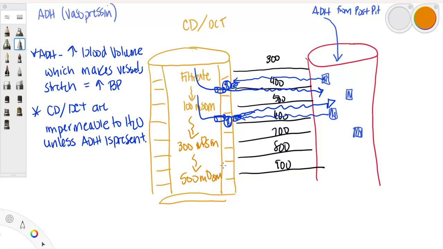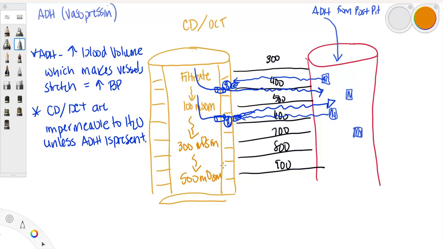Okay, so when ADH is present, water is going to leave, the filtrate is going to become more concentrated, and when it becomes urine, the urine is going to be concentrated. It's going to be very dark colored, dark yellow to almost orange.